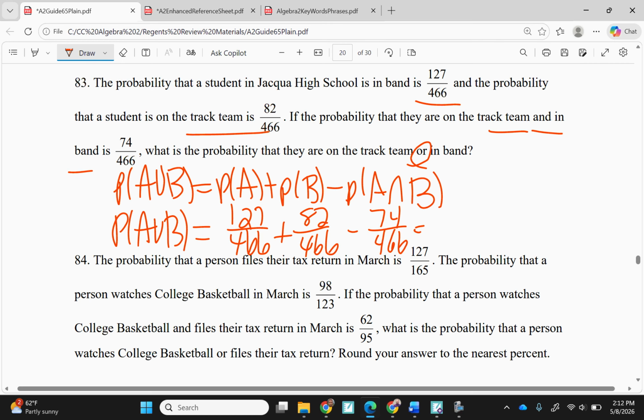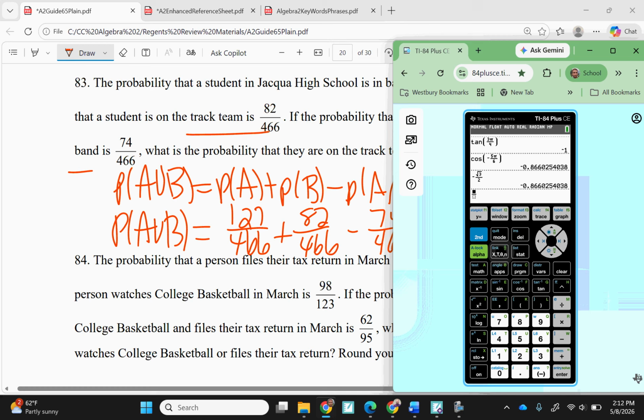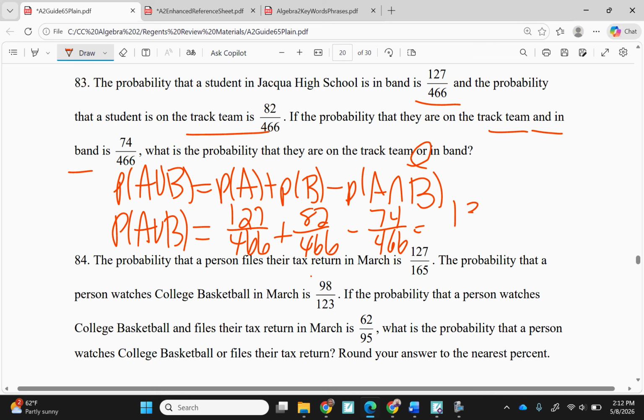From there, I just type it into the calculator. 127 over 466 plus 82 over 466 minus 74 over 466, and I get 135 over 466, and that's my answer.